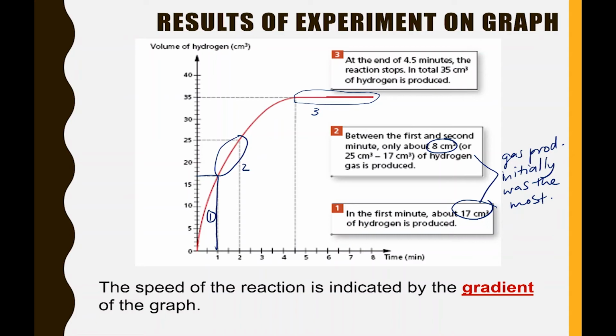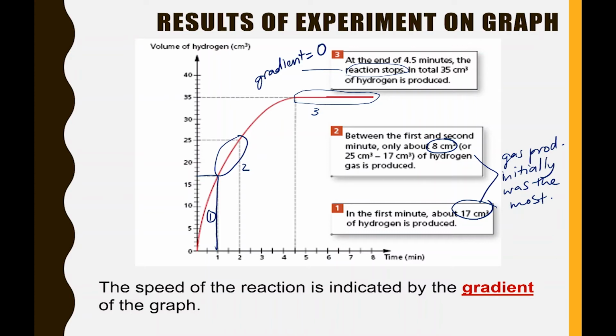Now, if you look at the third part of the graph, you will see that the reaction has stopped. How do I know that the reaction has stopped? If you look at the graph, what is so special about this part? The gradient is actually equal to 0.